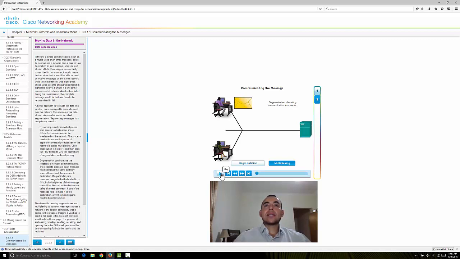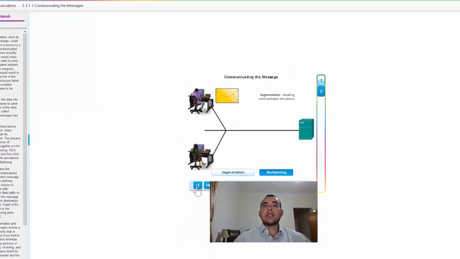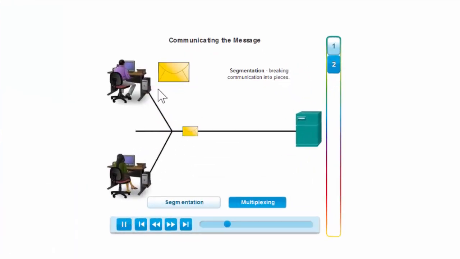This information, for example, a web page or a very large video, cannot be sent across the network as one entity. Instead, we have to divide this big message into smaller messages, or segments.